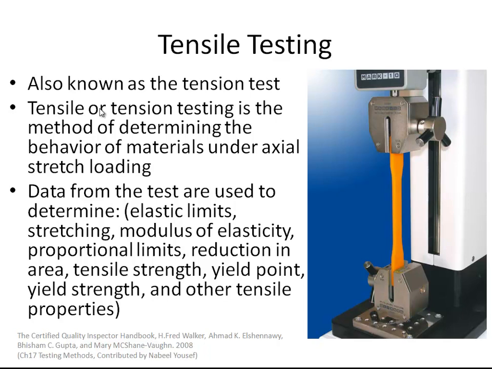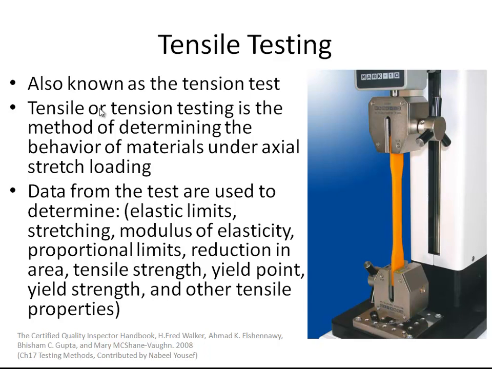As we see in the picture here, they are using a machine to pull the material apart and see when it breaks. So it's more of testing the tension of the material.